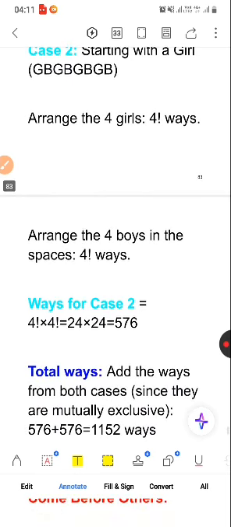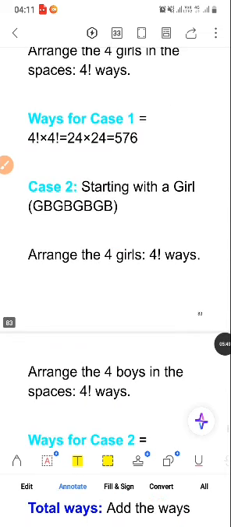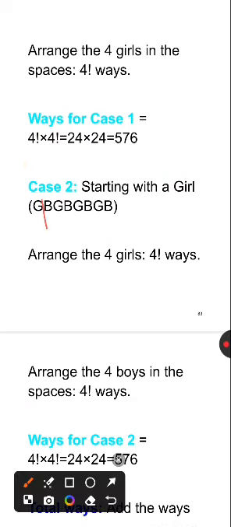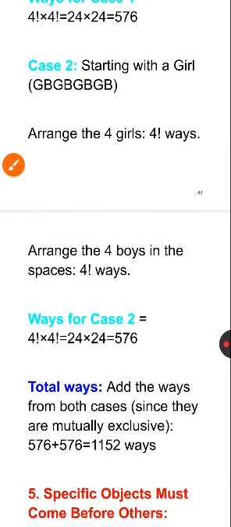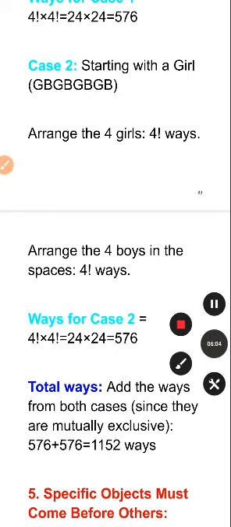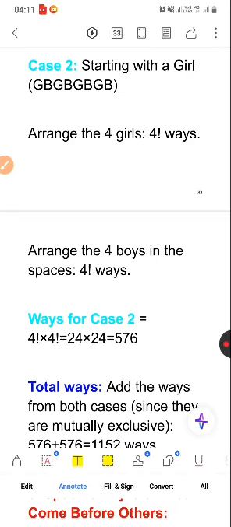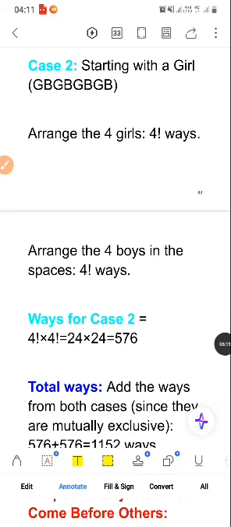Now when the girls are arranged, there are also 4 spaces left, so a boy will be here, a boy here, a boy here, and a boy here. These 4 spaces, too, we take 4 factorial, and then we multiply the 2. Then we add the 2 scenarios, where a boy started and where a girl started.